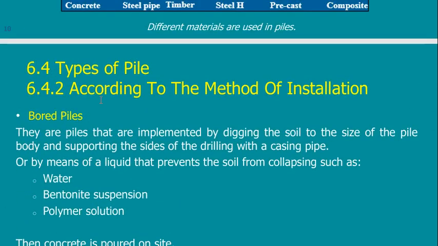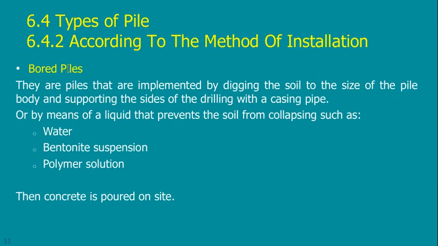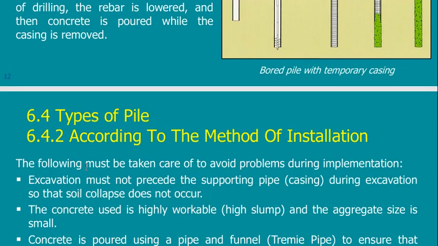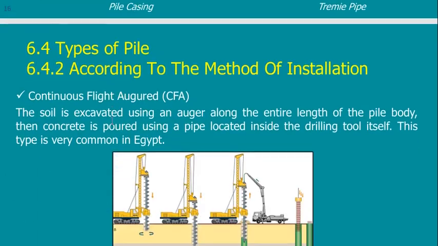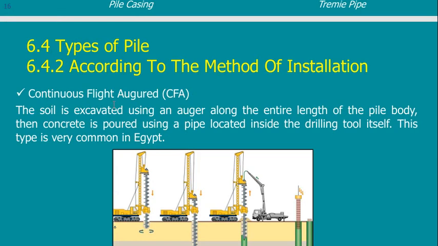If I categorize them according to their construction method or method of installation, then I have bored piles, or let's see the other one here, according to the method, CFA. This is also another type of bored piles where I drill the hole, then pour the concrete, and then add the reinforcement.